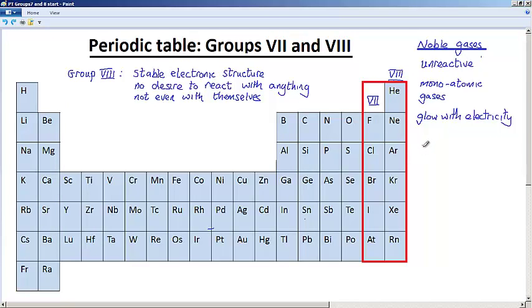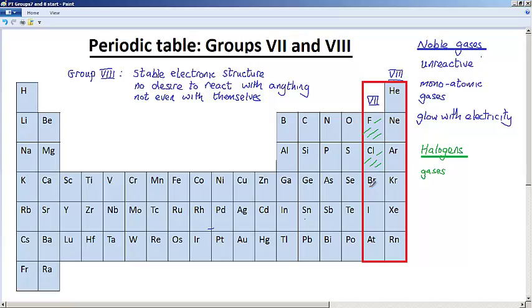So what about group 7, the halogens? First of all, these can be gases, for example in the case of fluorine, and they're coloured gases. Both fluorine and chlorine have this greenish yellowish kind of hue, so they can be gases.